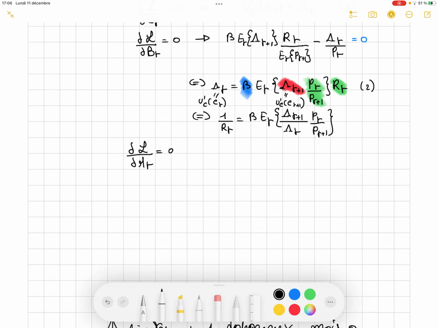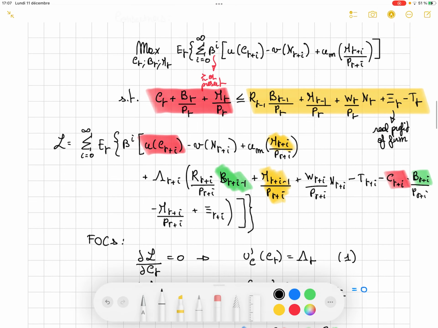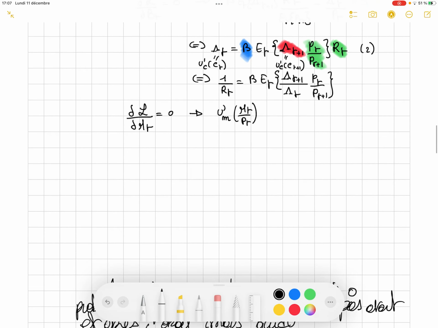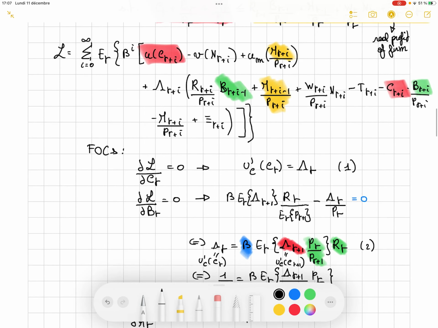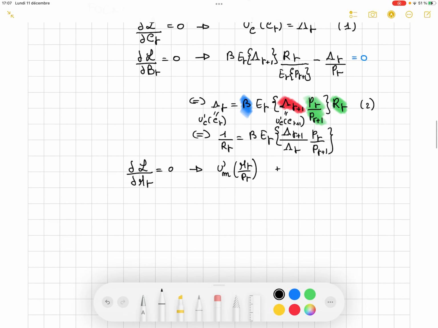So if we take this derivative, we still have beta exponent 0, so that disappears, multiplied by the marginal utility of money at the current period, plus, now we have to take from this, of course, it will be entered only at the next period, so here it will be an expectation of the Lagrange parameter at the next period, that is, the marginal utility of consumption at the next period, multiplied by beta.